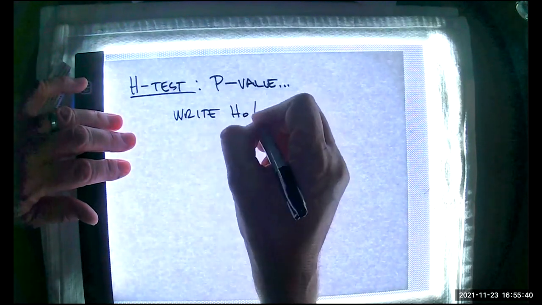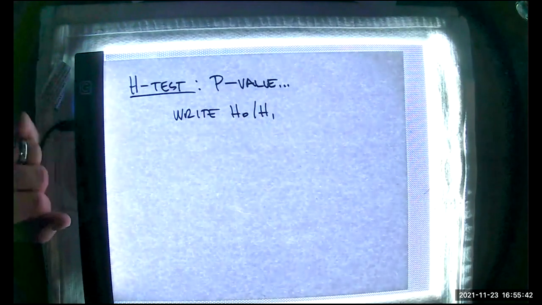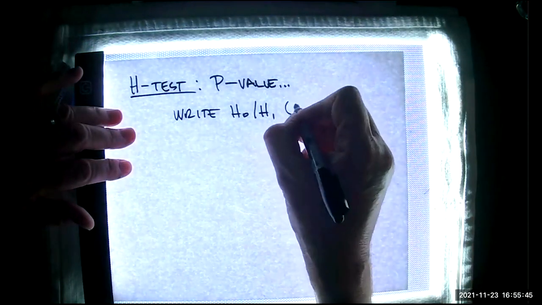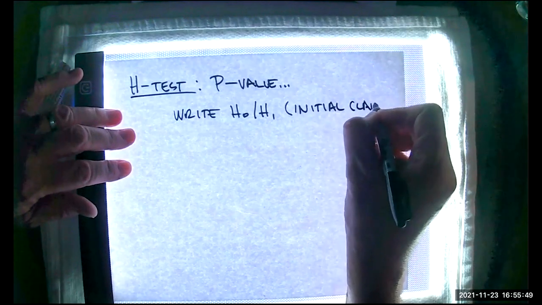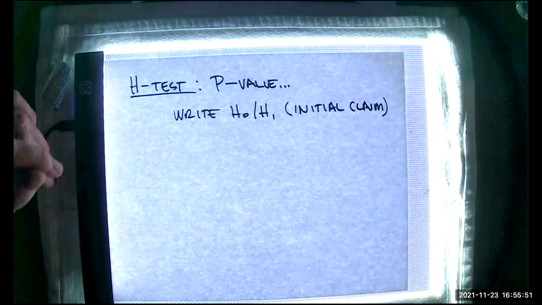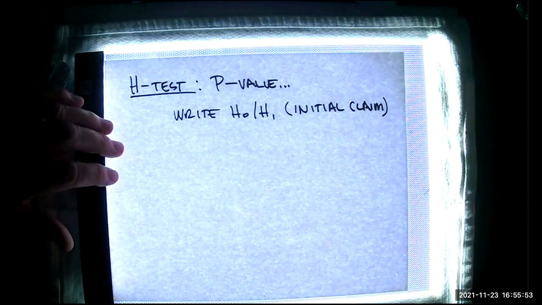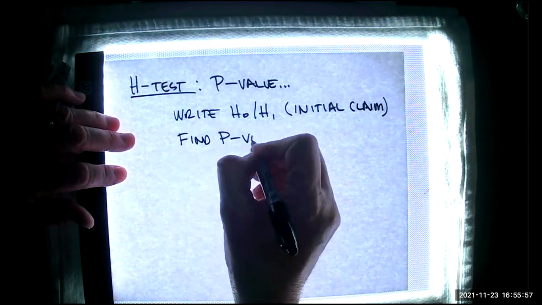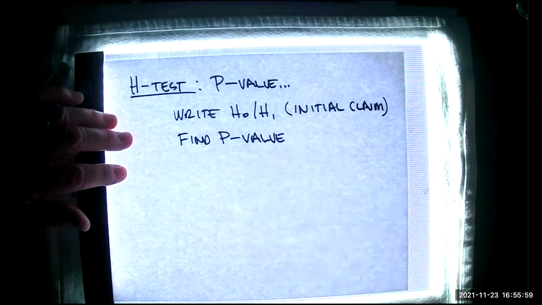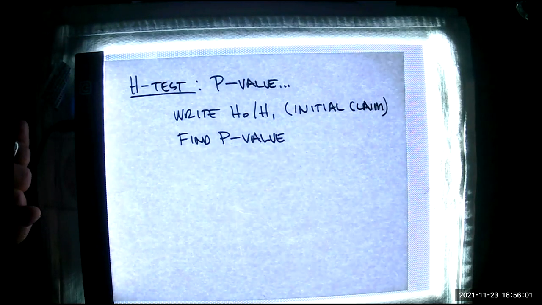So we'll write the null and the alternative hypothesis. We'll want to identify the initial claim. That's the claim that's written. Sometimes it's null, sometimes it's the alternative. Step number 2 is to find the p-value.